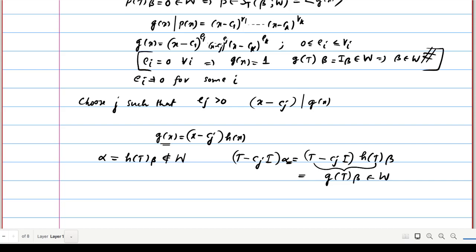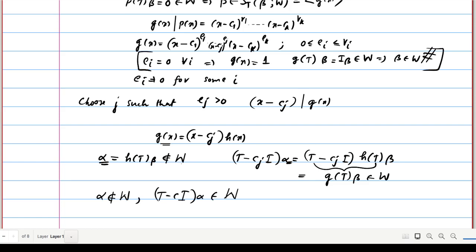Once you define alpha in this manner, alpha does not belong to w, but t minus cj of alpha is in w. We know that cj is always a characteristic value, because it is a root of the minimal polynomial, and a root of the minimal polynomial is also a root of the characteristic polynomial. Therefore cj is a characteristic value.